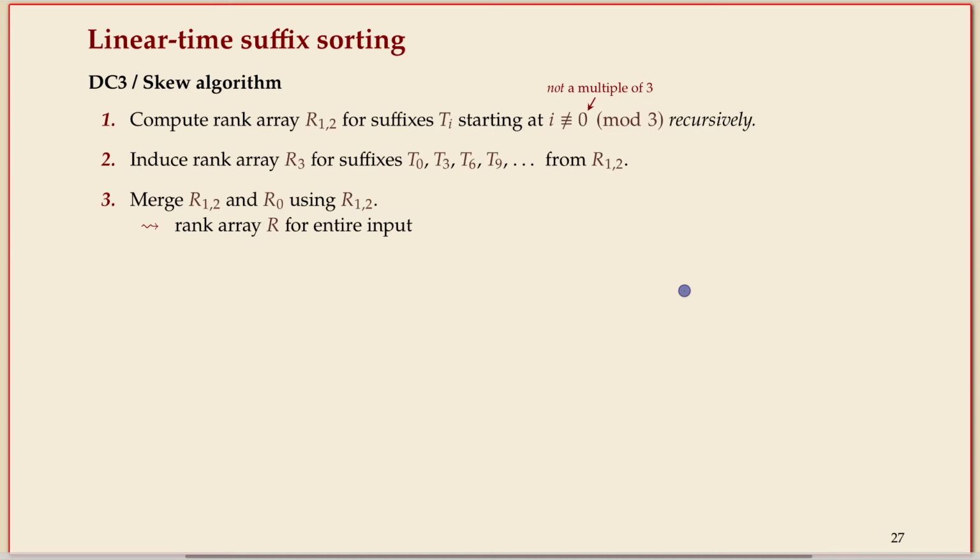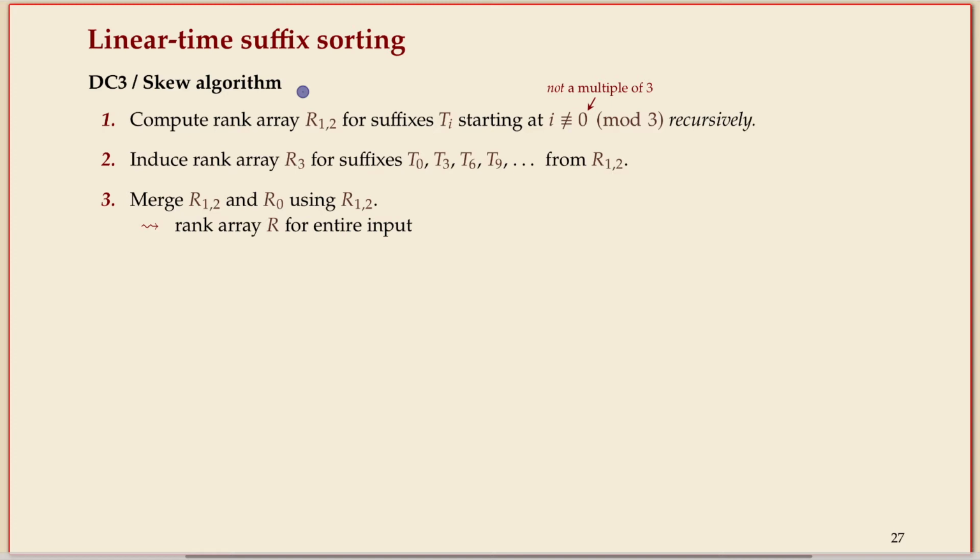But we do have a text and all its suffixes, so we can sort it more efficiently. And here's this algorithm that we'll discuss. It's called the DC3 algorithm or the Skew algorithm. If you want to know why these names are there, you will have to read the additional reading.